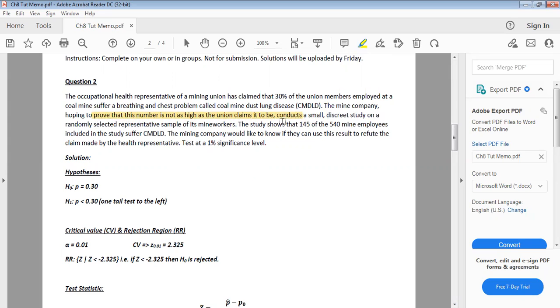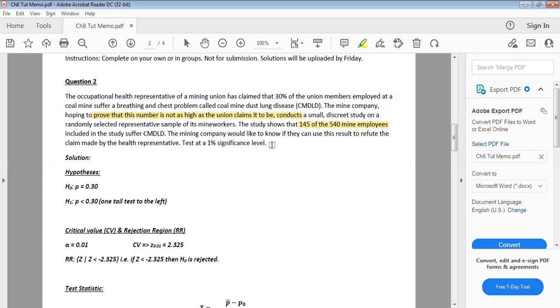And then they say they contacted a small district. They made a survey of a small district, studying only a randomly selected sample of its mine workers, and the study showed that 145 of the mine employees included in the study suffer from the dust lung disease.